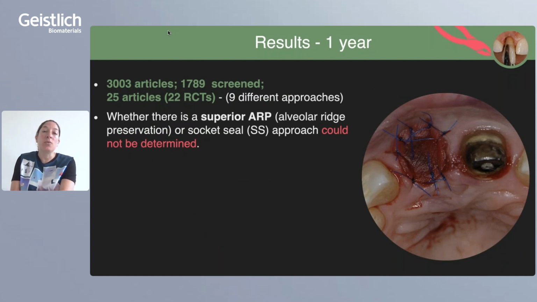They did screen more than 3,000 articles, and they could include 25 articles, 22 RCTs, and 9 different ridge preservation procedure approaches.